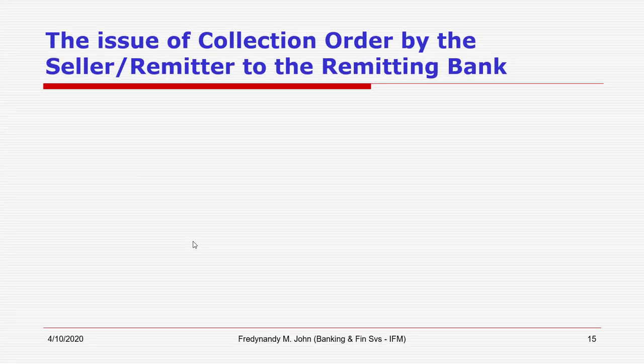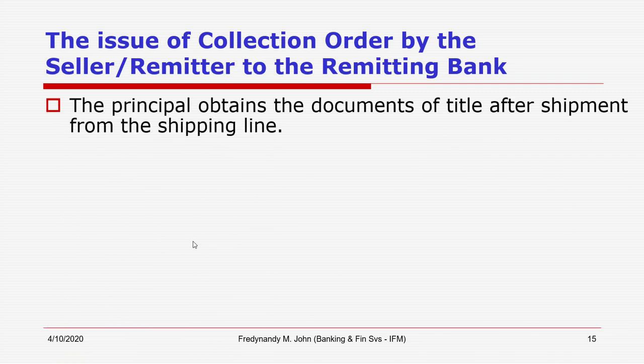Now let's start with the issue of collection order by the exporter to the remitting bank. The exporter is the seller. So the seller will obtain the document of title, and this is the bill of lading from the shipping company.